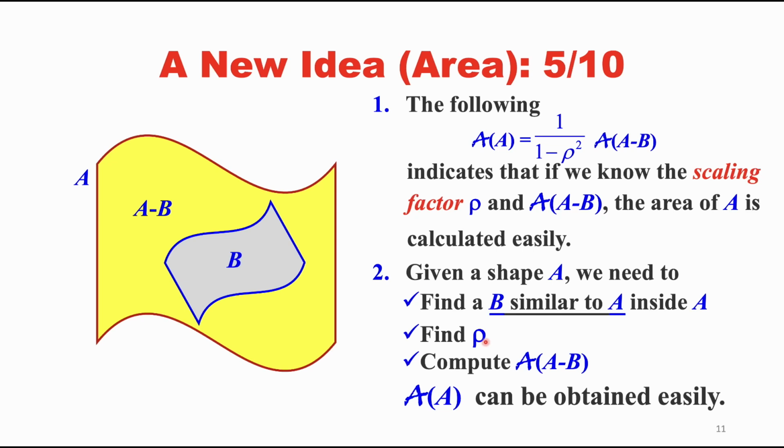So rho is the ratio of an edge here and the corresponding edge here using the linear case. Then compute the area of the complements. Then the area of A is this. So it's pretty easy to do.